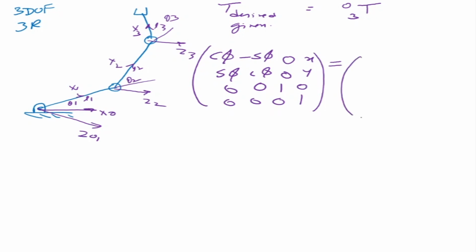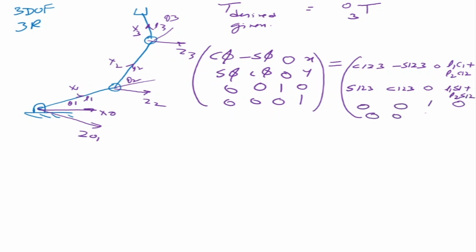Which is equal to, on the other side, cos 123, minus sin 123, 0, L1 cos 1 plus L2 cos 12; sin 123, cos 123, 0, L1 sin 1 plus L2 sin 12; 0, 0, 1, 0; 0, 0, 0, and 1.